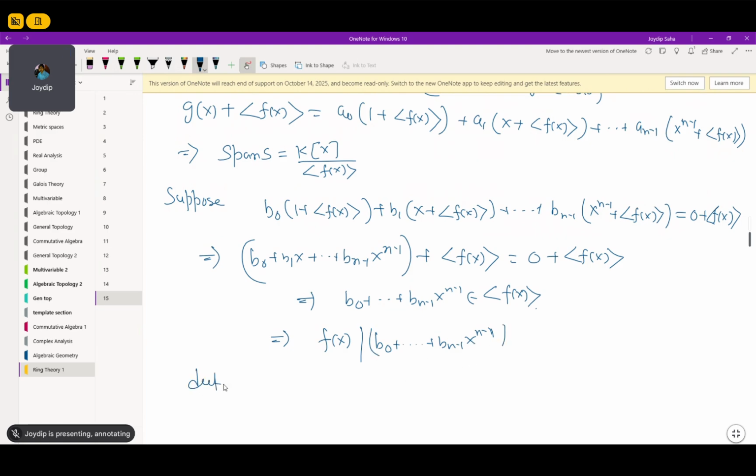But degree of f(x) is n and degree of b0 plus up to b(n minus 1) x to the power n minus 1 is at most n minus 1. This implies this element should be 0, because if it is non-zero, then its degree is at most n minus 1, which is a contradiction.